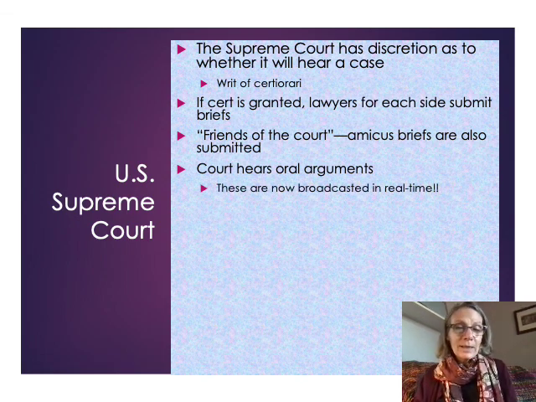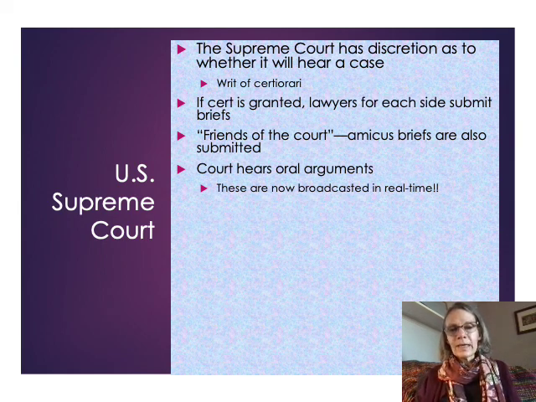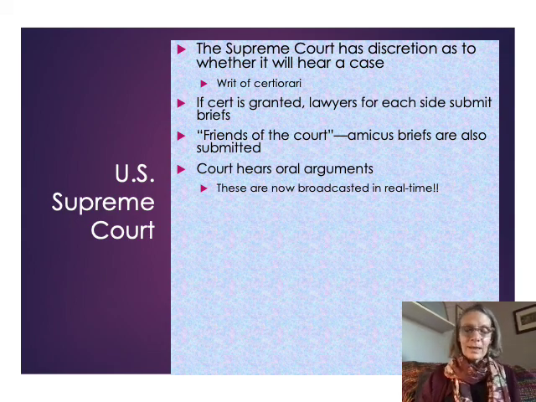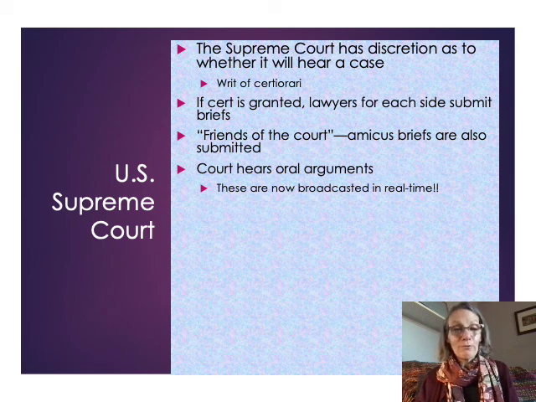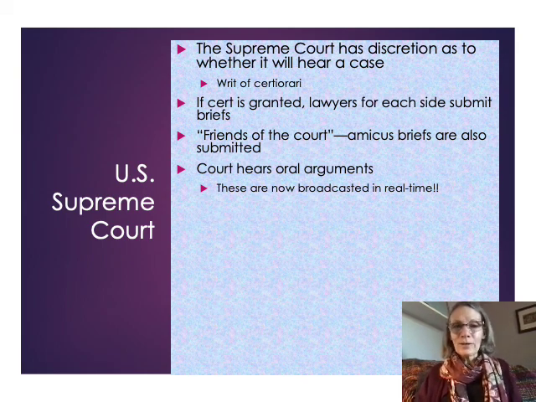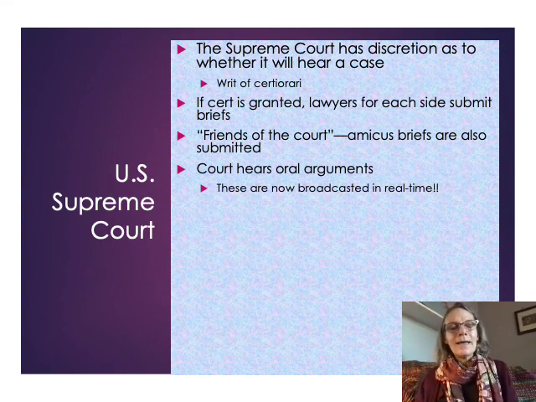It used to be that the oral arguments were recorded but released to the public later on. But thanks to the pandemic, an upside of the pandemic, you can actually listen to oral arguments in real time. During the pandemic, the justices didn't even go to the court, and the oral arguments were done by phone, not Zoom, but phone calls, and you could listen in, and those were fun, but not that much fun.